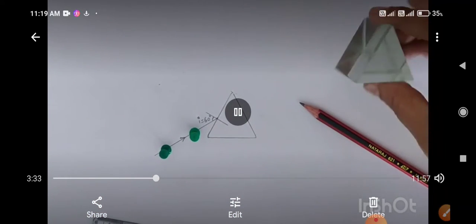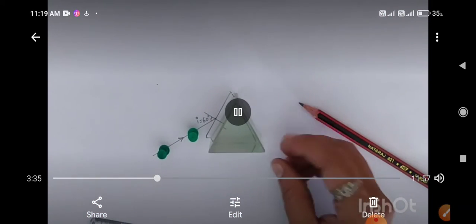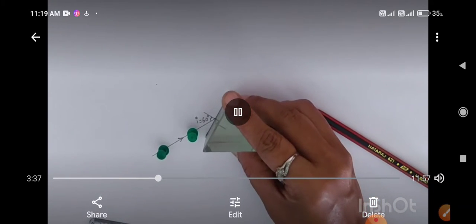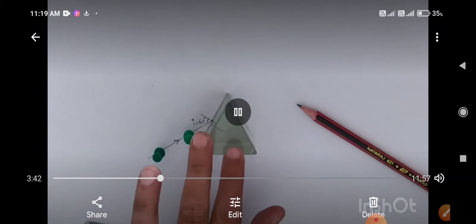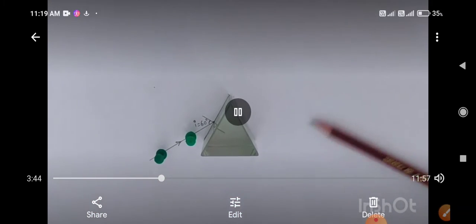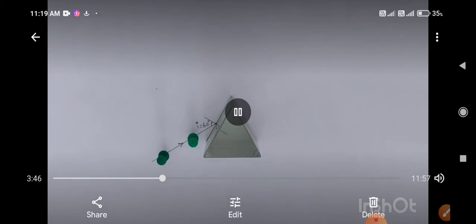Now you have to place this prism at the same position where you have already marked the prism. You have to keep this prism like this, and now you have to look through the prism.